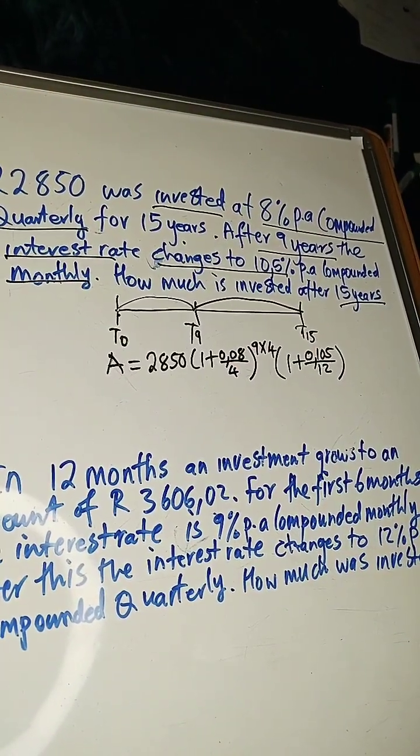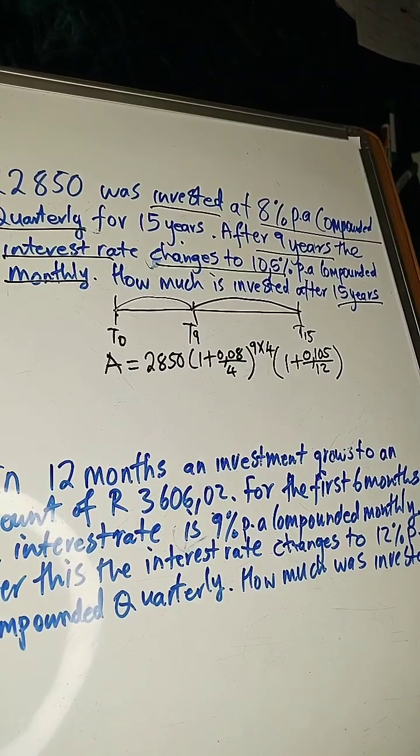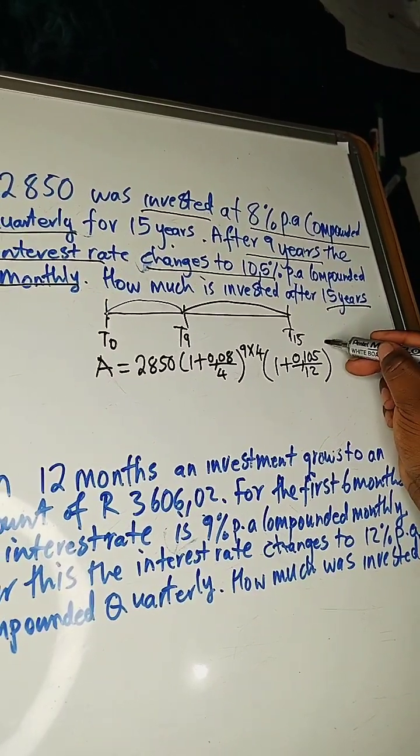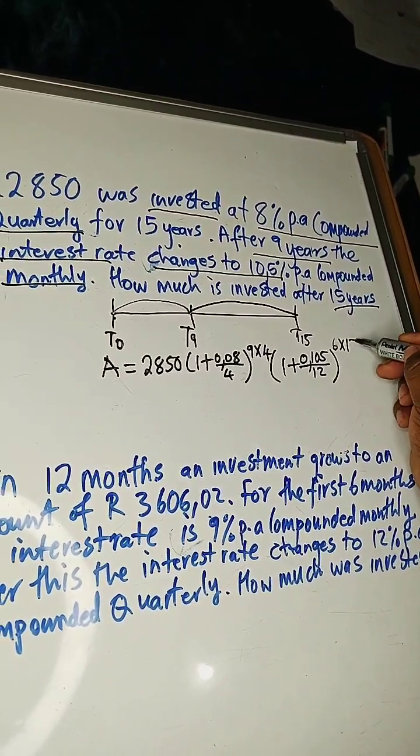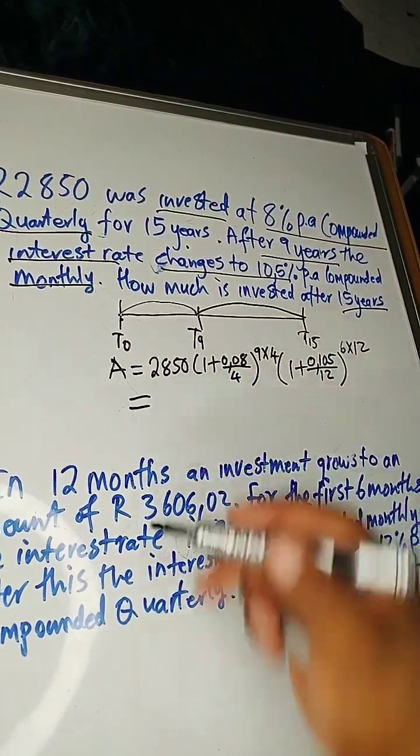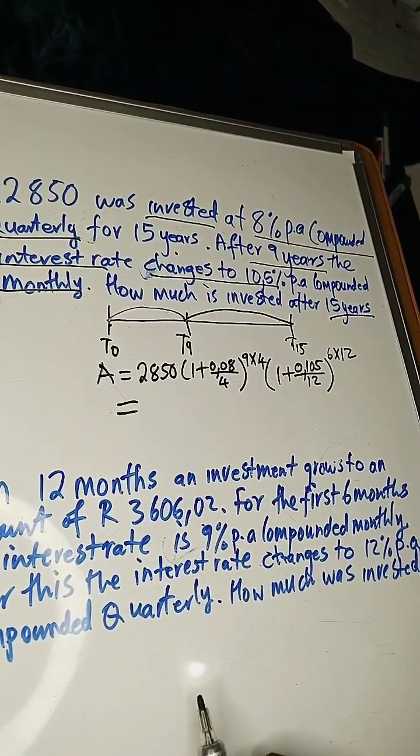What is 15 minus 9? That should be 6. So we have 6 multiplied by 12. Then we punch this on our calculator.